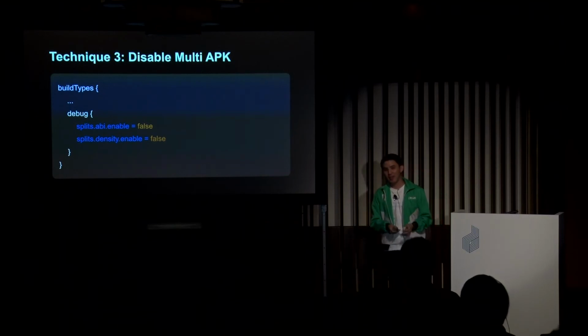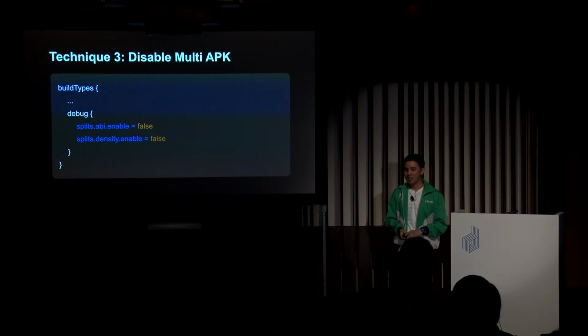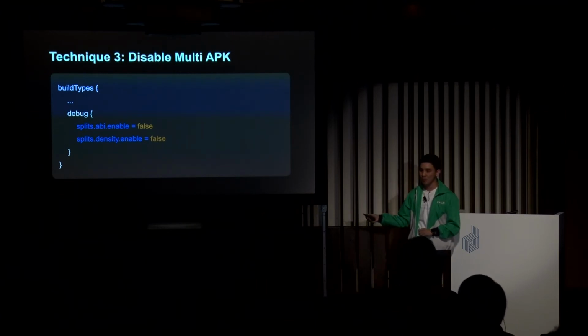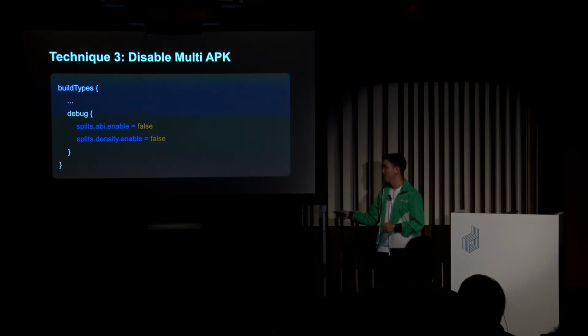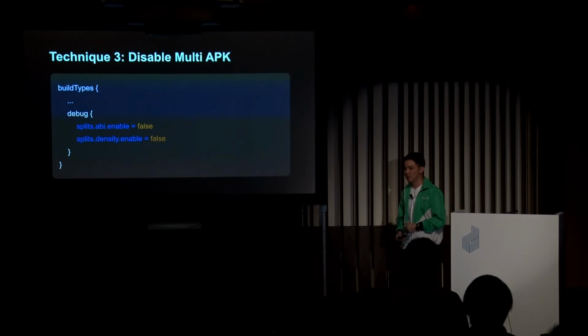So in development, I think there's no need to spend time on this. You can specify two lines of code like this and set it to false. Specify the property here and set it to false in the debug block in the Gradle file. So Android Studio and Gradle will skip creating multiple APKs, and you will reduce build time.